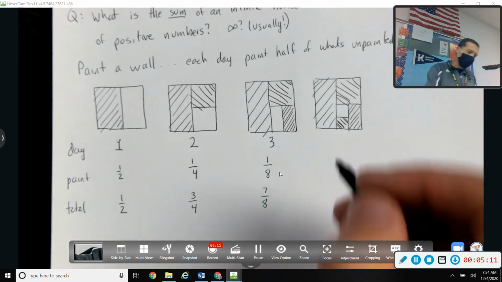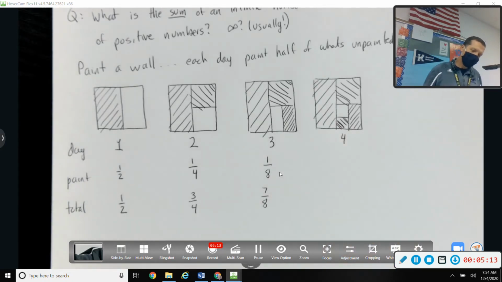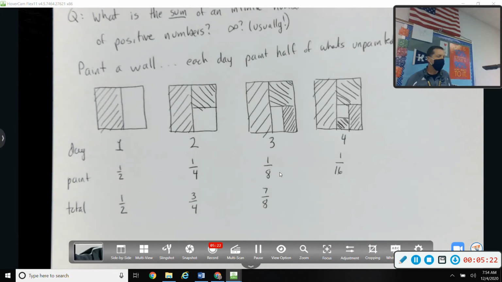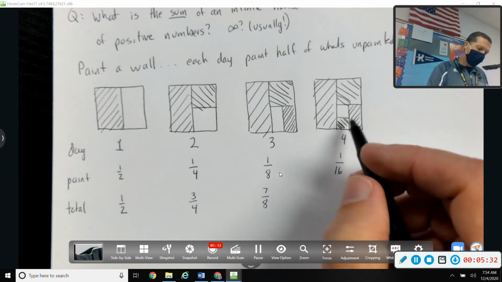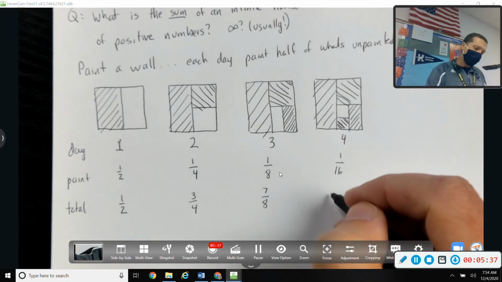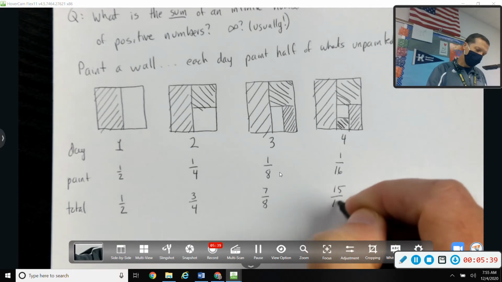But on day 4, how much of the total wall did we paint? A 16th. Okay? Good. How much of the total wall is now painted? A good chunk. Well, we painted 1/16 and 1/16 is left. So 15/16 is one way to look at that.